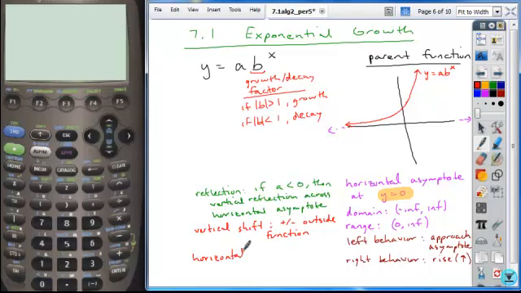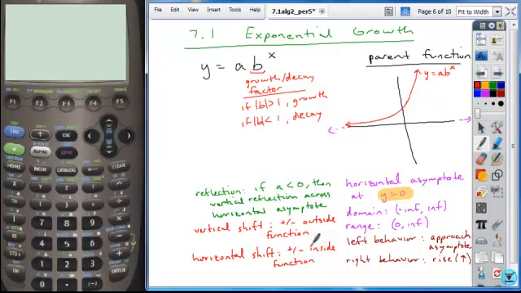And then finally, horizontal shift occurs if there's adding or subtracting done inside the function. If something is being added or subtracted directly to the x in the power, then you have a horizontal shift. I'll take a look at all of these in just a moment.